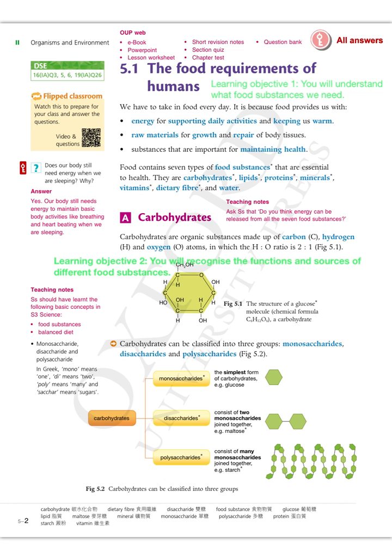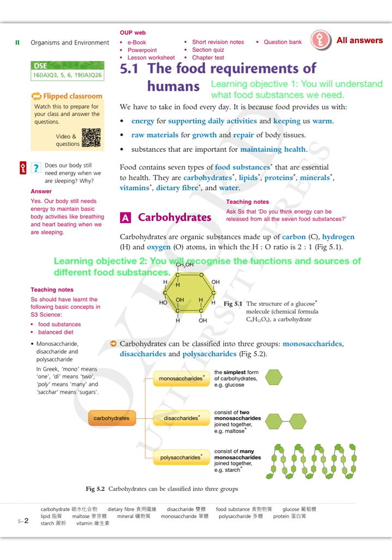Now we come to the word food substance. What is the meaning of food substances? They are basically nutrients. So nutrients can be classified into different food substances, namely the carbohydrates, lipids, protein, minerals, vitamins, dietary fiber, and water.